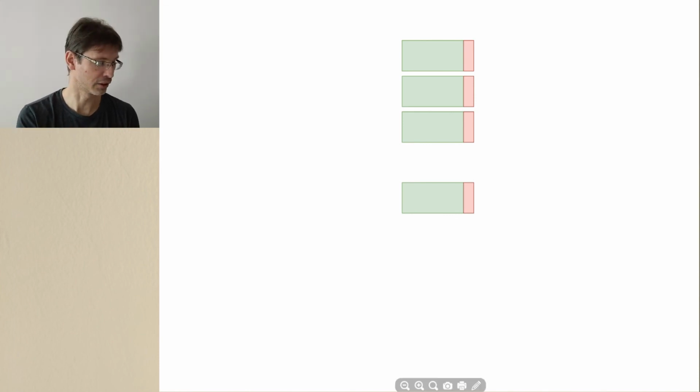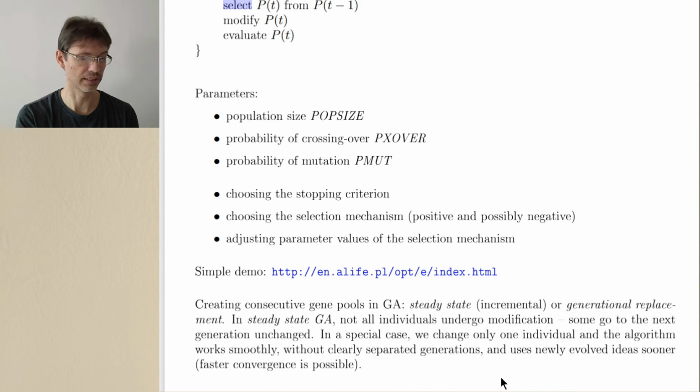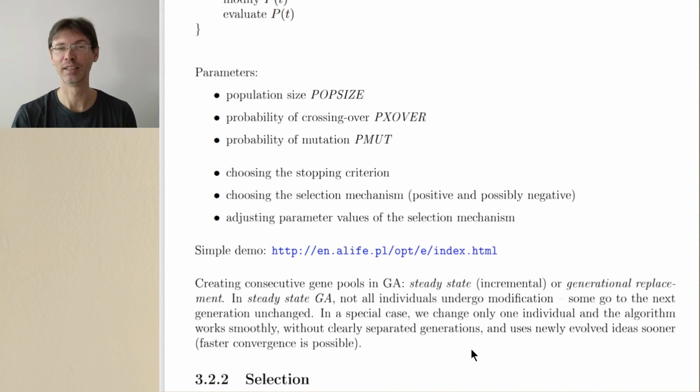And I really encourage you to use this steady state approach because it's smooth, it's simple, it converges fast, and you don't have these artificial stages or generations where your population is frozen, or your access to new information is frozen in time.